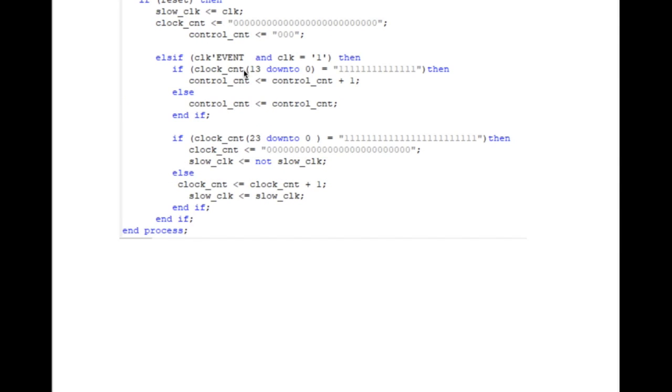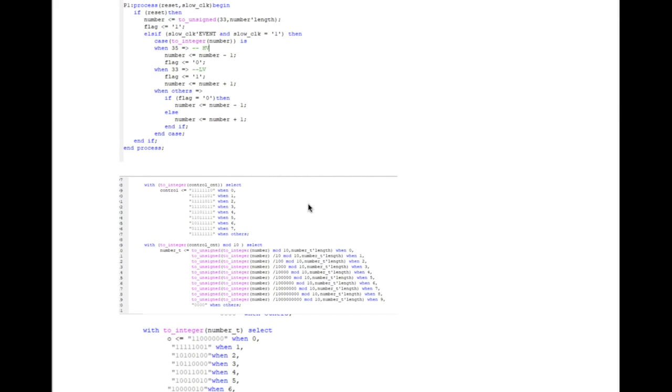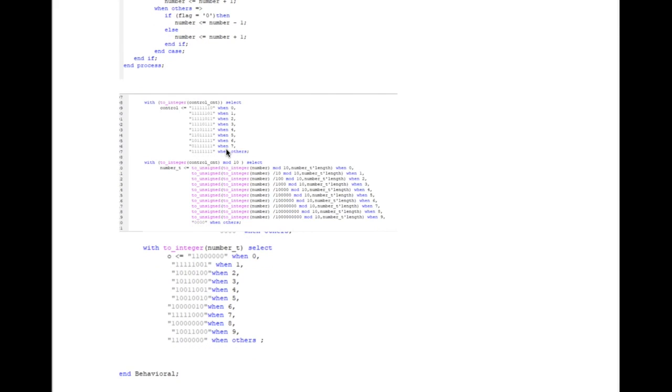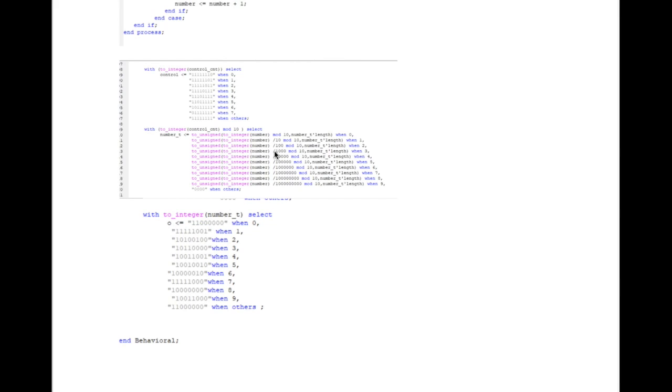This part is my selector, and then this part is my decoder. The decoder looks at the control counter to decode the output number from the counter to different 7 segments, and it is very fast, so the human eye cannot capture it.